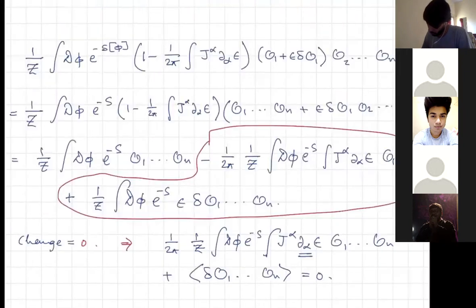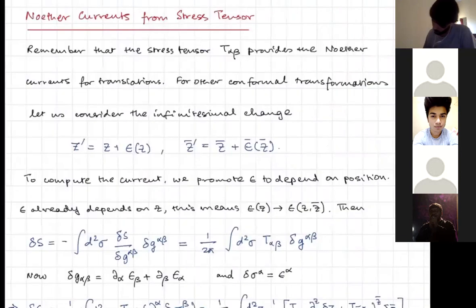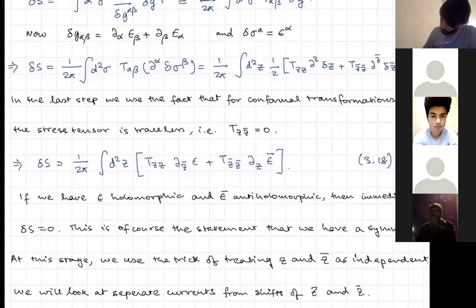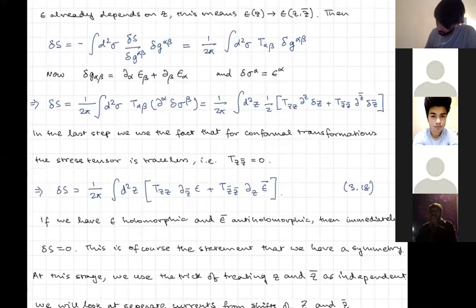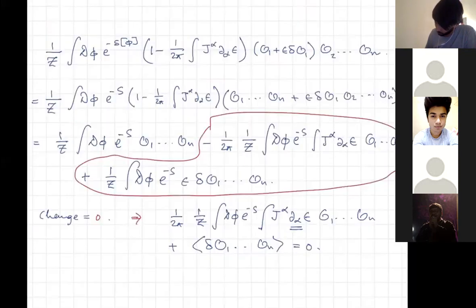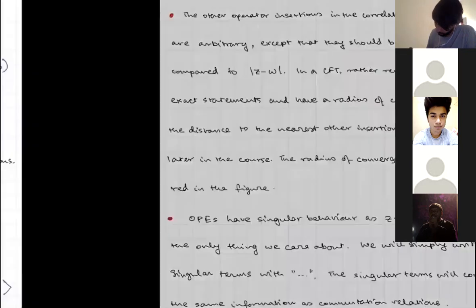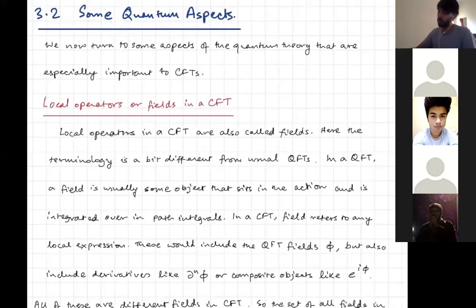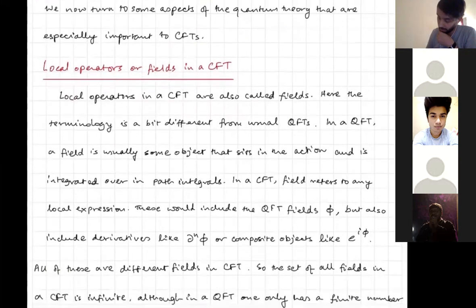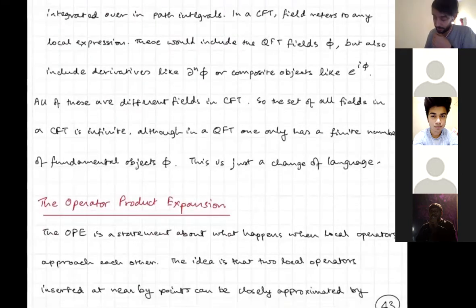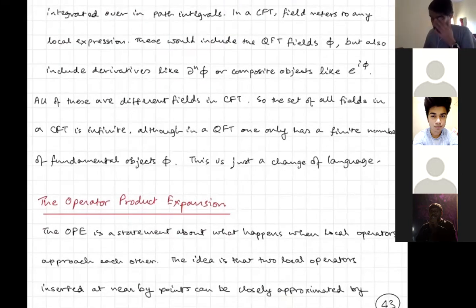Let's possibly postpone this discussion till the next class because there'll be a little more stuff. But what I wanted to re-emphasize is that we have looked at two very important new concepts this time around. Firstly, the idea of the operator product expansion. This is something that happens when local operators approach each other.